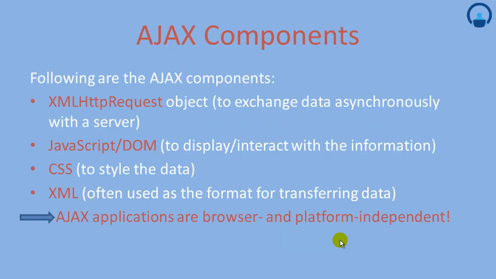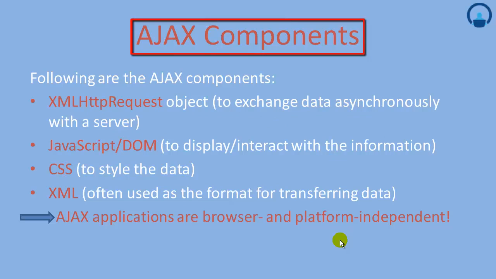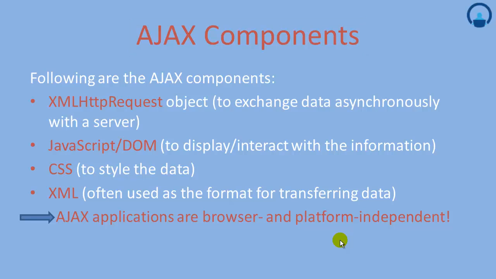Now let's go to what the components of AJAX are, what all AJAX contains or is made up of. The first and most important part of AJAX is the XML HTTP request object. The XML HTTP request is the core, the heart, of AJAX.